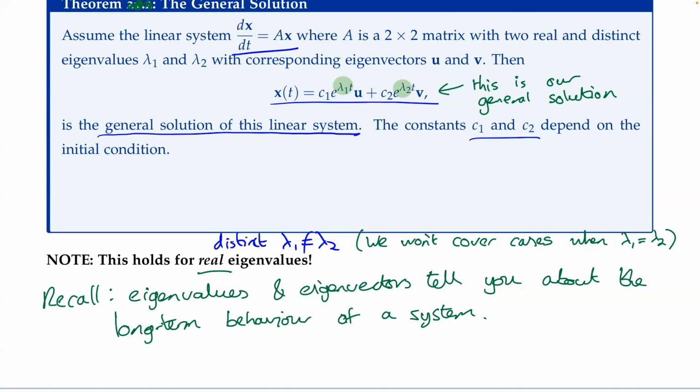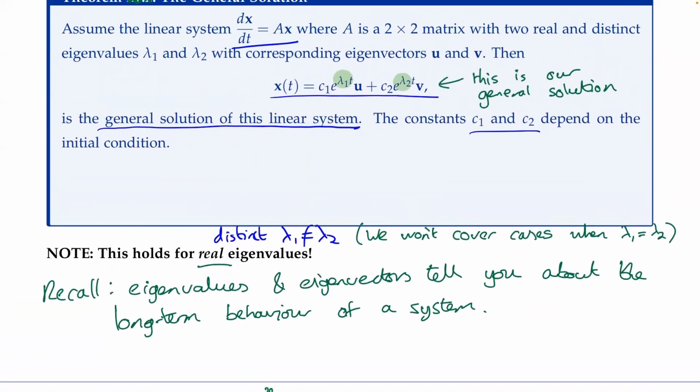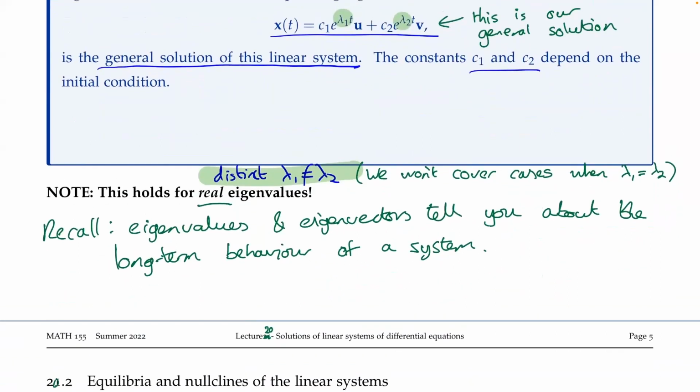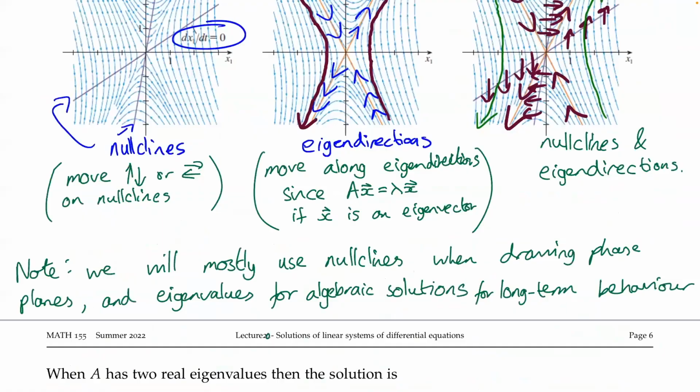Assuming here that lambda1 and lambda2 are both real numbers, and distinct real numbers as well. We're not going to do cases where lambda1 is equal to lambda2 because that's a little bit more complicated. Essentially, they tell you about the long-term behavior of the system, just like when we did our population models before. Finding our eigenvalues told you about the long-term behavior. So when you hear long-term, think about eigenvalues.